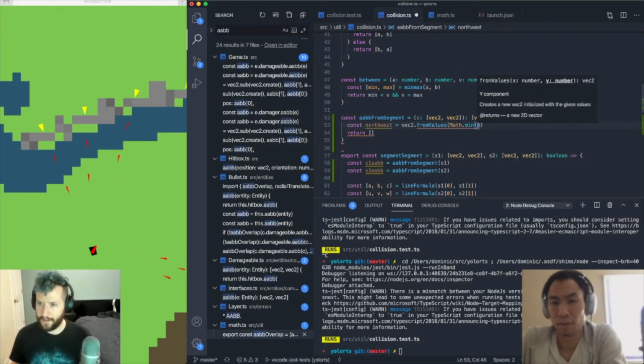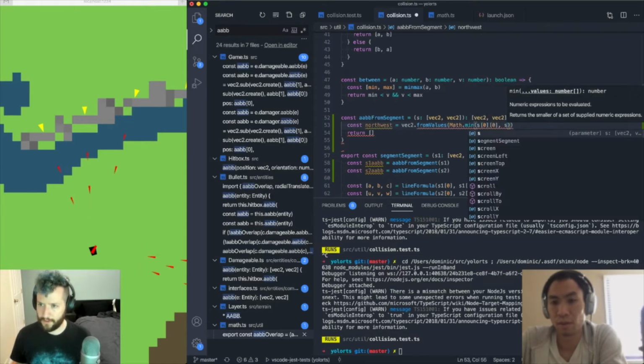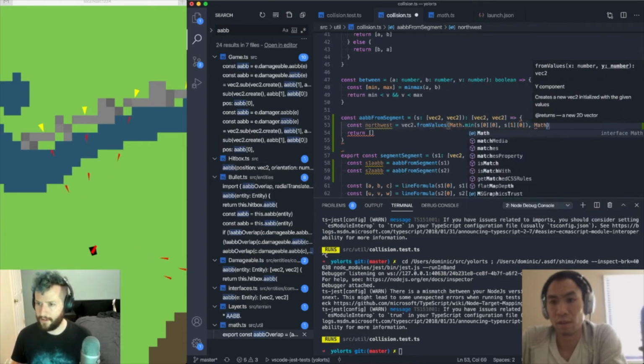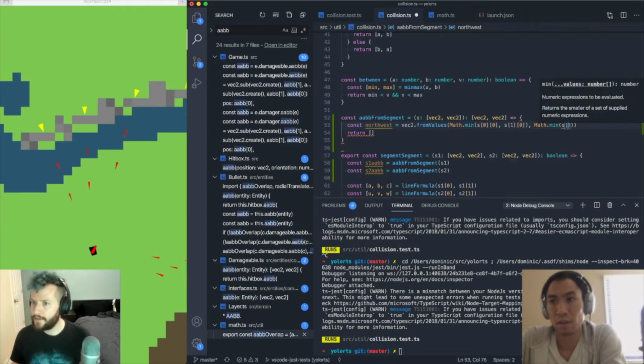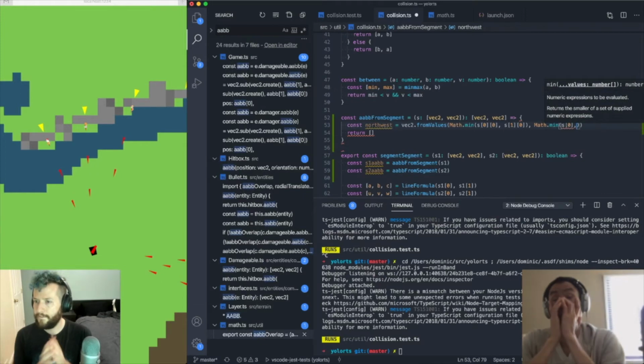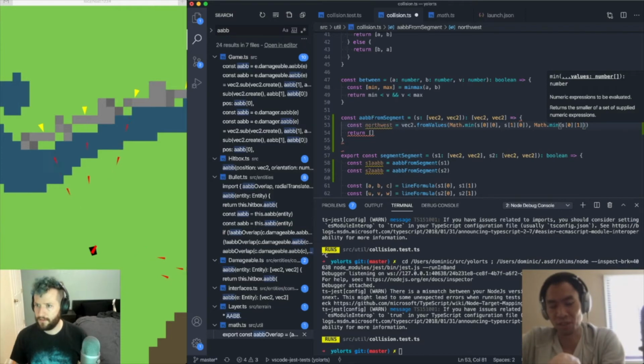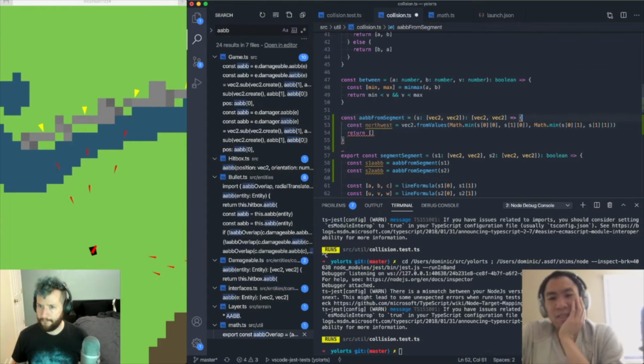Math.min and then S0, 0, S1, 0. Correct, the min x's. And Math.min of the y's. Oh wait, this is aligned. Oh yeah, because y increases going downwards. Yeah, so this is good. Return northwest, southeast.